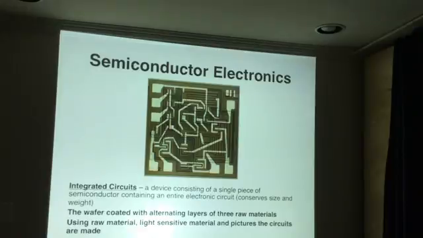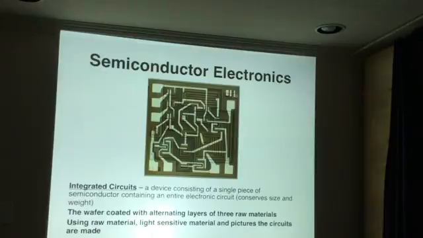And the light sensitive material imprints the pictures of the circuit on the semiconductor raw material. And so you end up with small squares or small circles, wafers, that have the circuit in them.